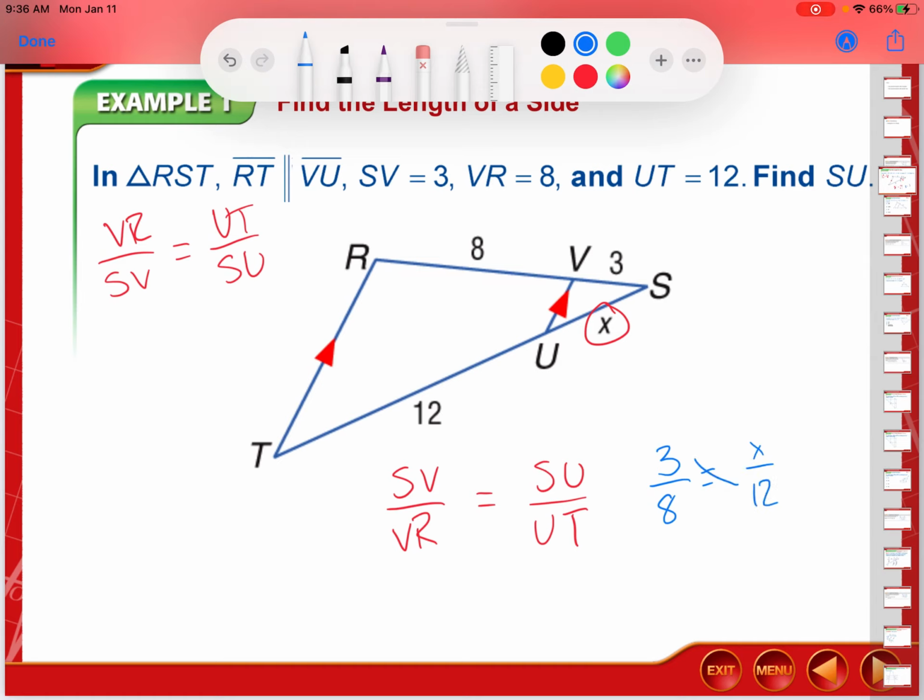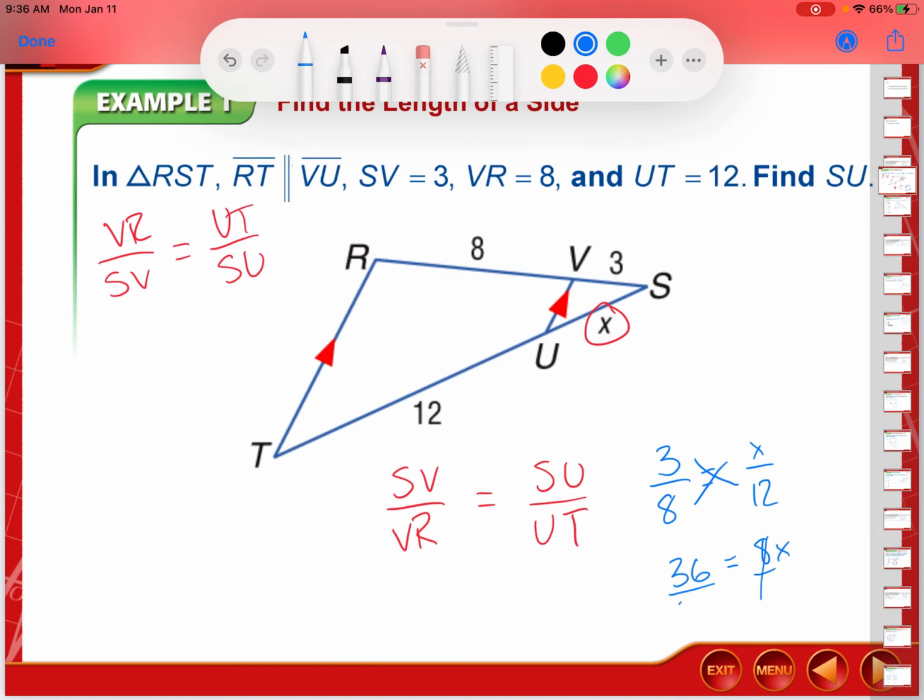Okay, so now I'm going to cross multiply. 3 times 12 is 36 equals 8x. So I would solve that.